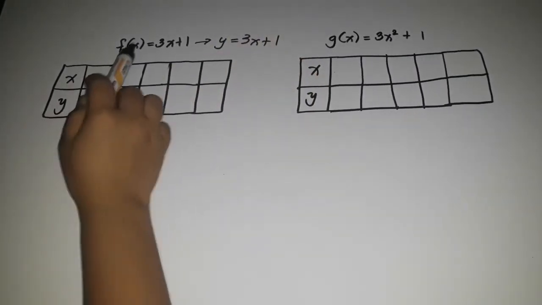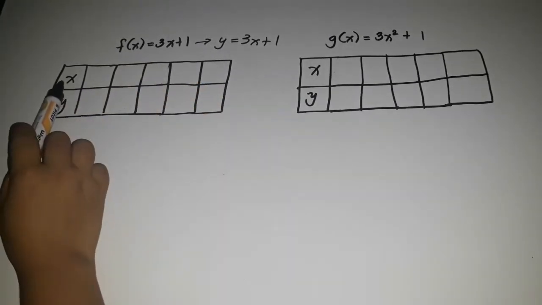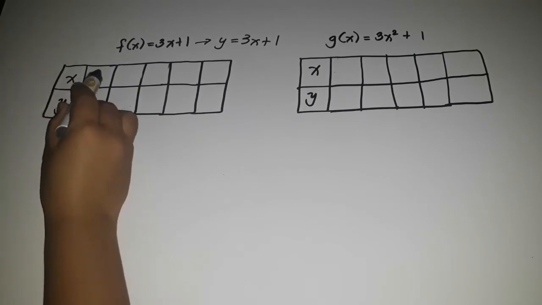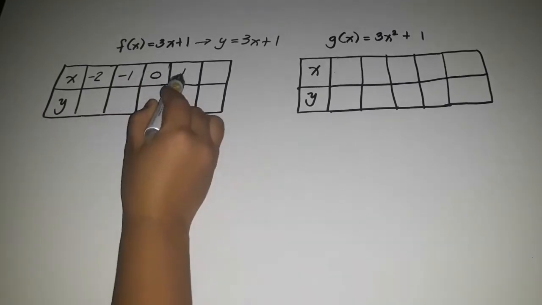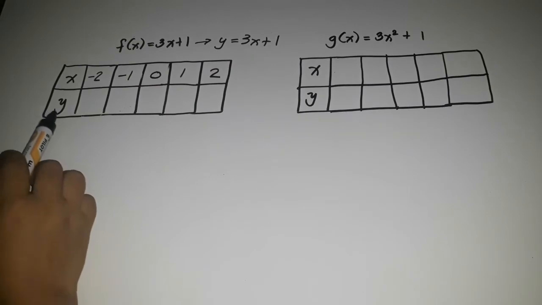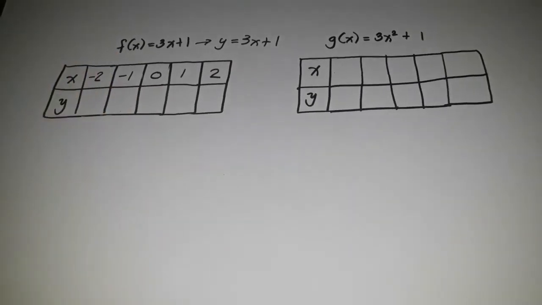Pwedeng f of x or pwedeng y. Assign tayo ng values ng x. Okay, so pwedeng negative 2, negative 1, 0, 1, and 2. And then, let's find the values of y or f of x.